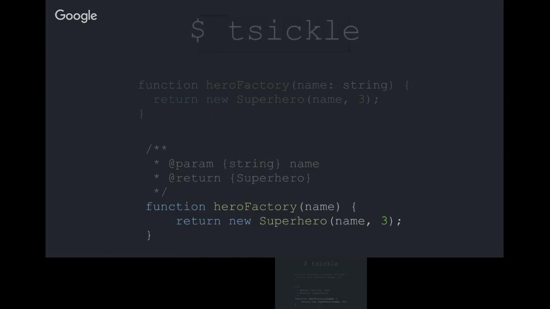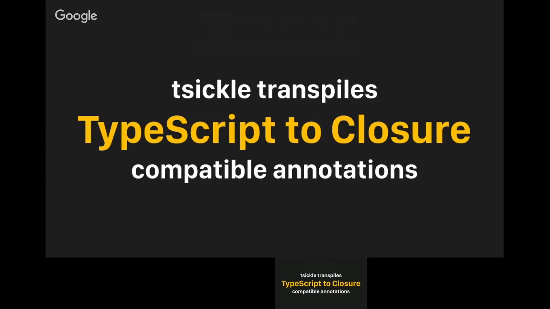As you can see in our TypeScript, we just had the exact same hero factory. Instead of providing the type annotations as JSDoc, we're providing them inline. And in the end, we just get JavaScript with JSDocs. That's it. So Tsickle transpiles TypeScript to Closure-compatible annotations in JavaScript.